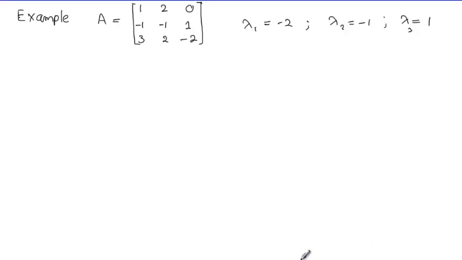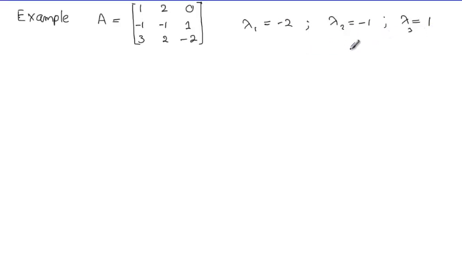Okay, one such example of a matrix for which we determined eigenvalues was matrix A, which is 1, 2, 0, 1, minus 1, minus 1, 1, 3, 2, minus 2. And the eigenvalues were simple eigenvalues, minus 2, minus 1, and 1.